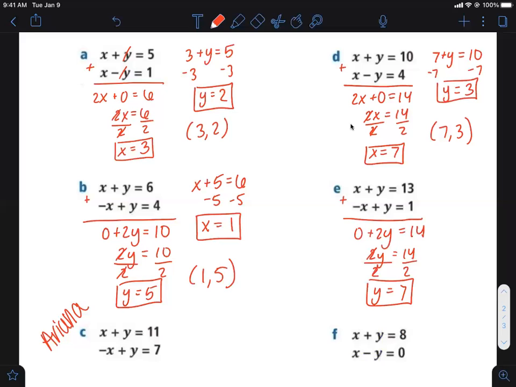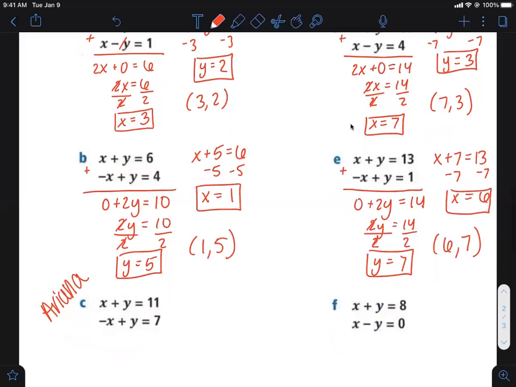And then I plugged in 7 for y in the first equation. Awesome. And then I subtracted 7 on both sides and I got x equals 6. And then that leaves me with 6 comma 7. Perfect. Beautiful. Good explanation, Gianna.